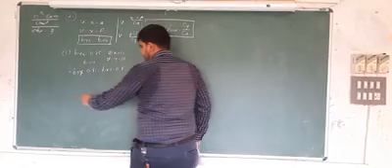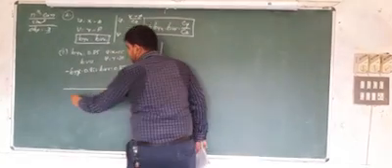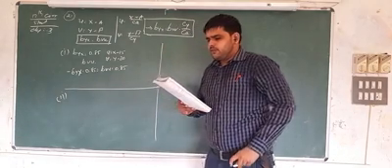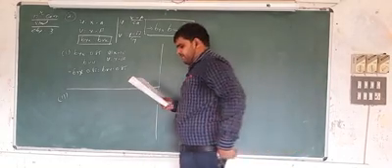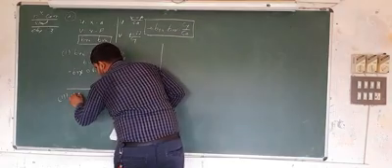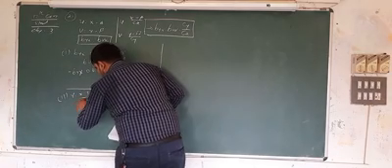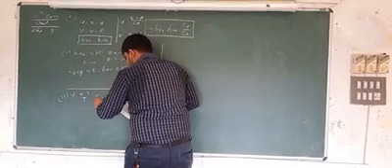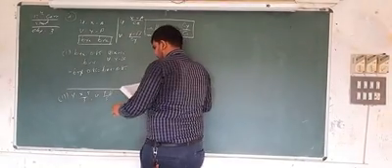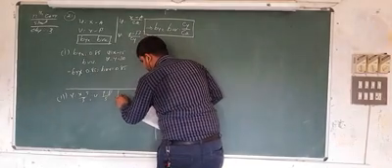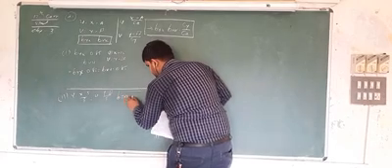Next, number 2. u is equal to x minus 5 divided by 3, v is equal to y minus 8 divided by 5, and byx is equal to 0.9.